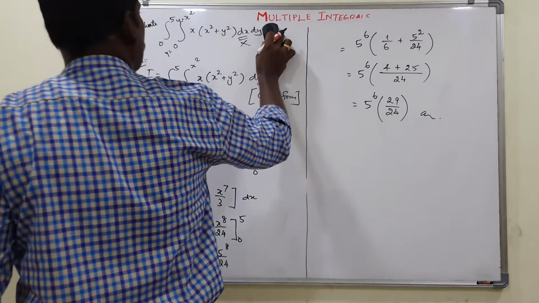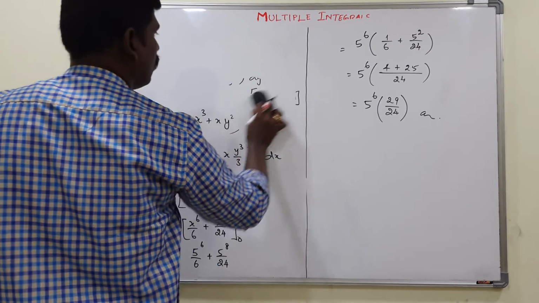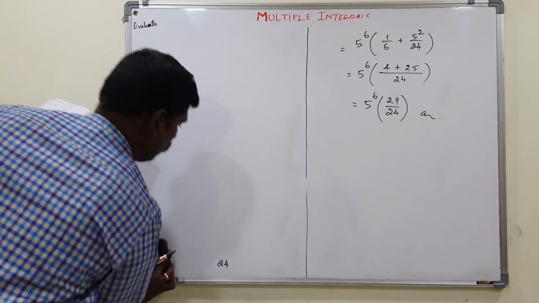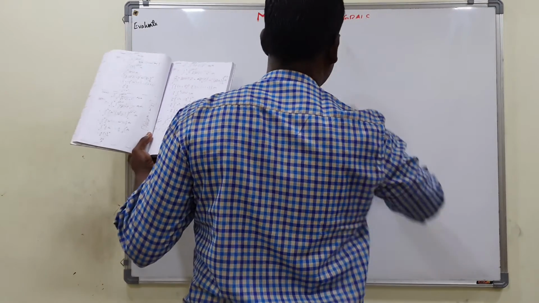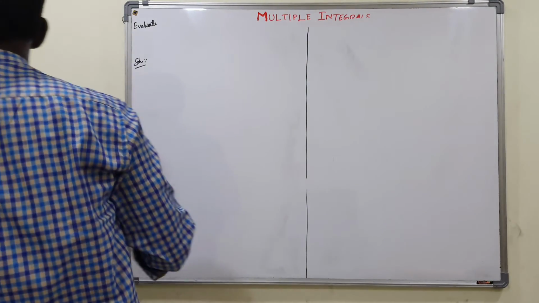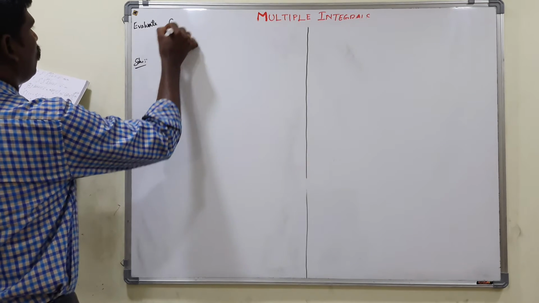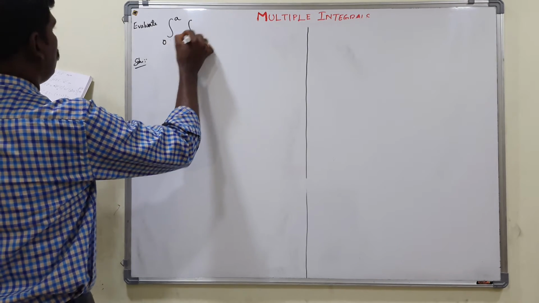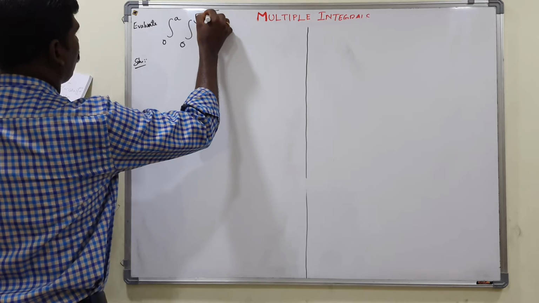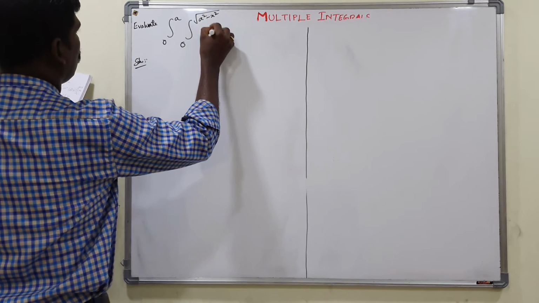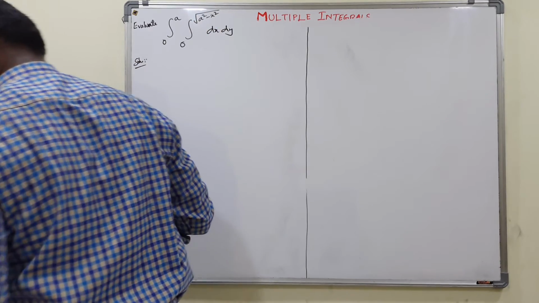Next one. Integral 0 to a, integral 0 to root of a square minus x square dx dy.